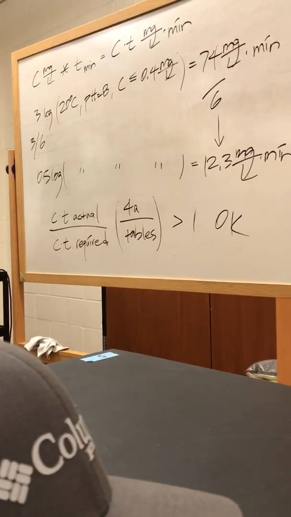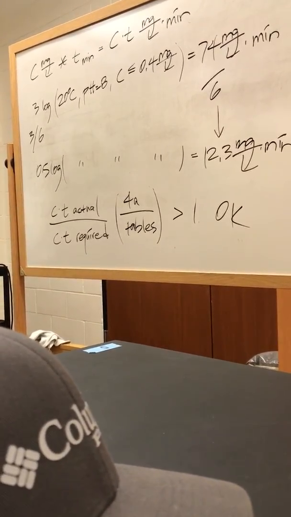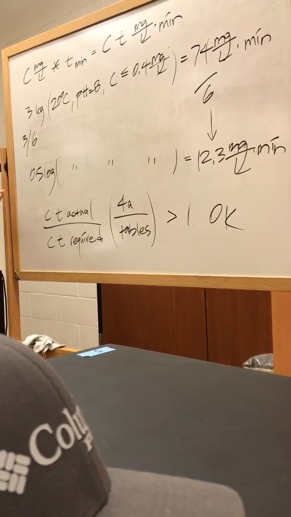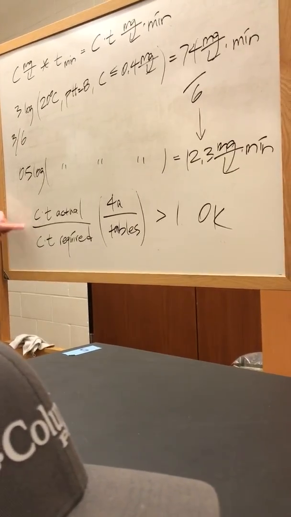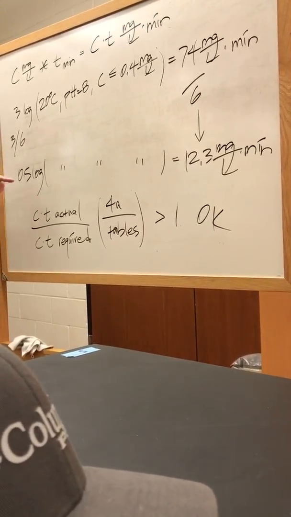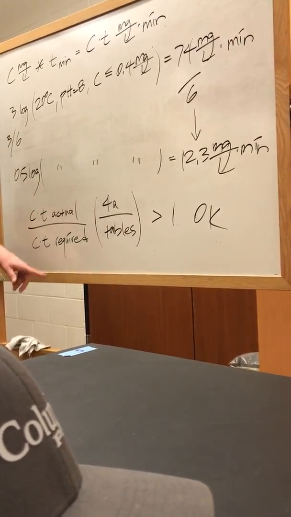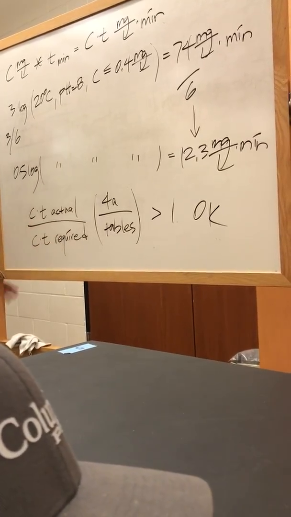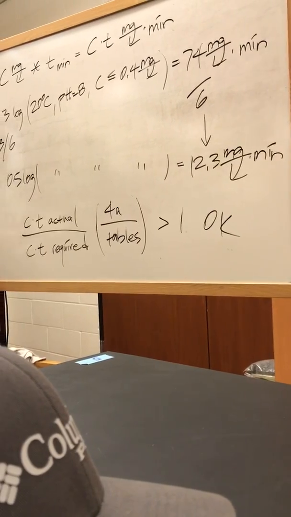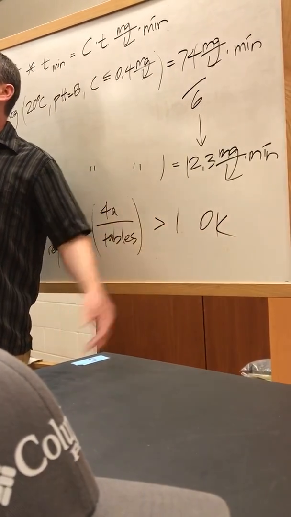So what you're trying to do is compare what's required by regulation to what you actually have. And one way to do that is make it a ratio. And if your actual CT in your system is greater than the required CT from this table, from the rules, you're okay. Right?